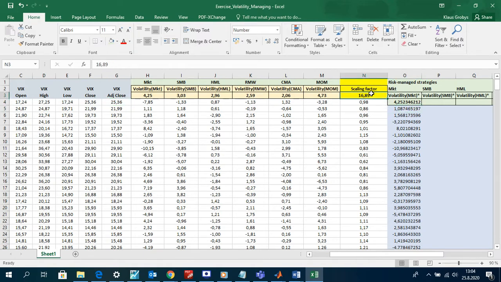So the question arises, how do we determine the scaling factor, which is in the numerator? So basically, we can do it by trial and error if you want.